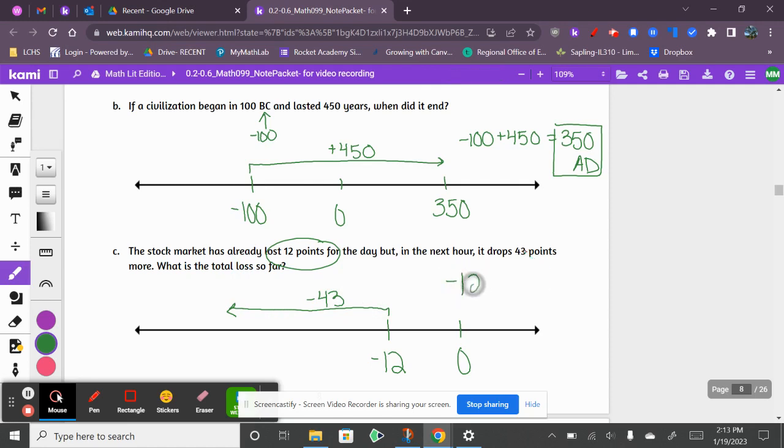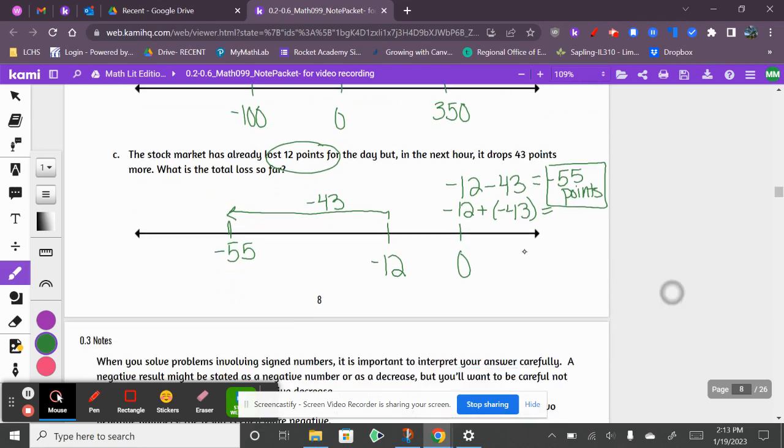As an operation, this would be negative 12 minus 43, and we would get negative 55, and this would be points. You could also think of it as negative 12 plus negative 43 and get the same answer. Either way, we end up at a total loss of 55 points.